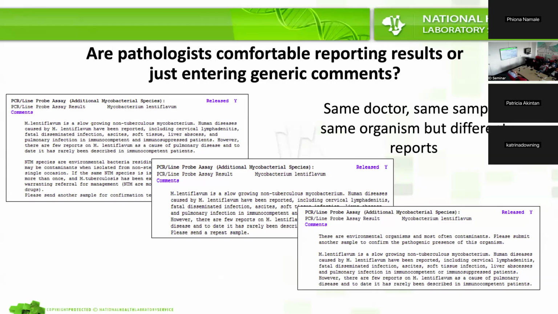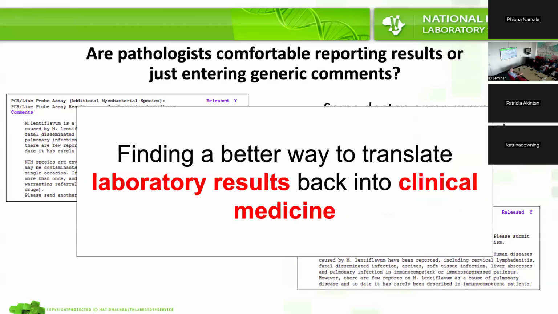If you look more or less at the bottom of those messages, "send a repeat sample" only comes out quite late. And we know clinicians and TB healthcare workers overburdened in clinics do not have the time to read these messages. So can we maybe find a better way to translate these laboratory results back into clinical medicine?